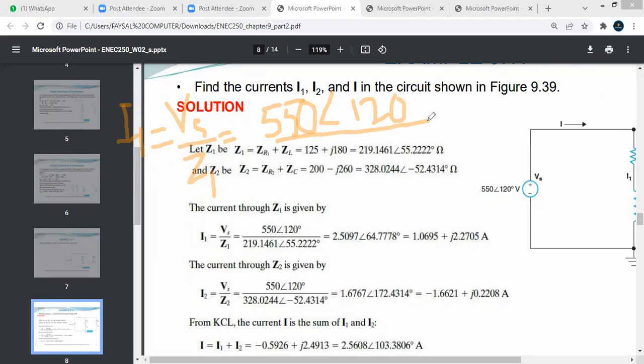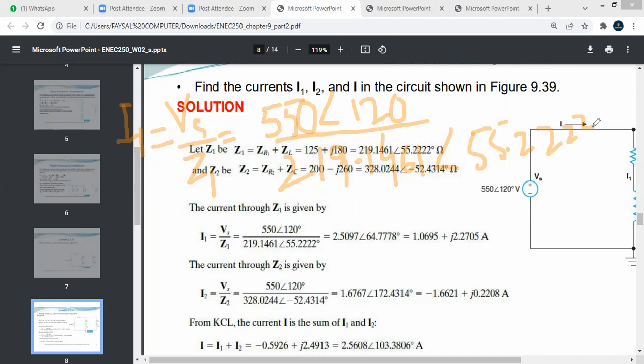Z1 is 219.1461 with the angle 55.2222. So angle will divide with the angle, and the impedance value will be divided with the impedance value.